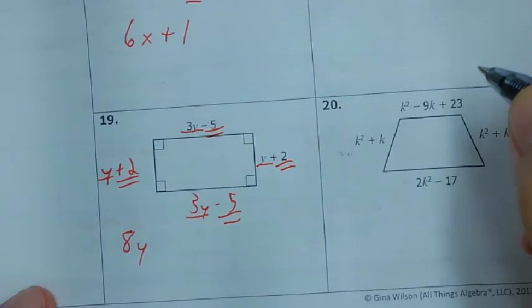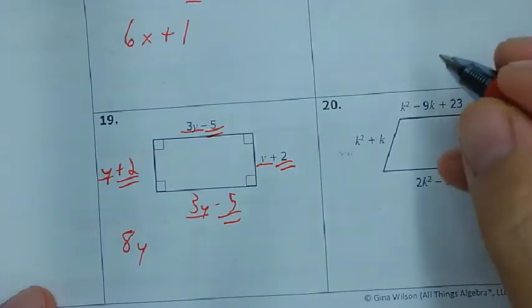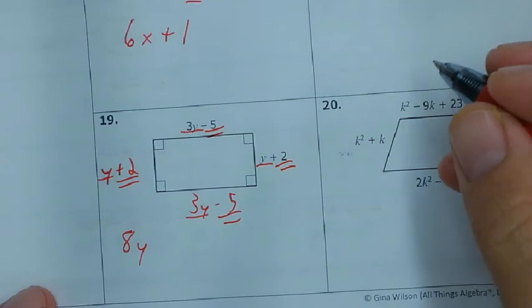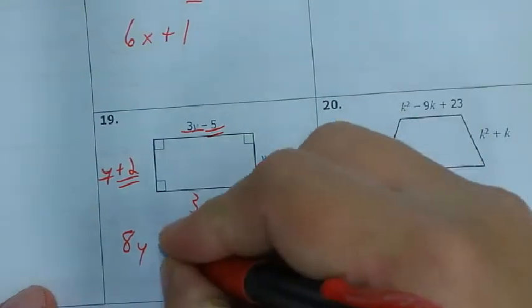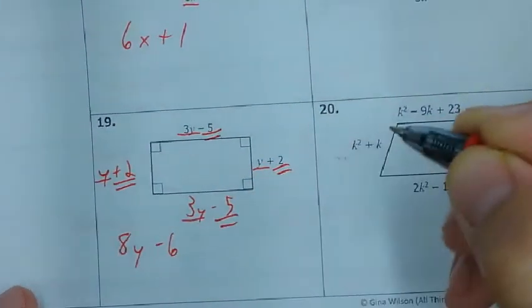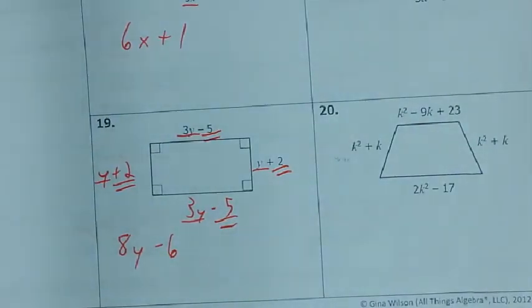It's negative 6. Yep, negative 6. And if you didn't know that for sure, you could have typed it in Desmos to figure that out. All right, the last two I want you to do on your own.